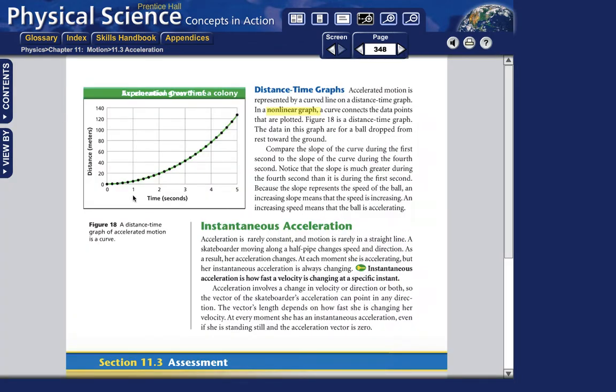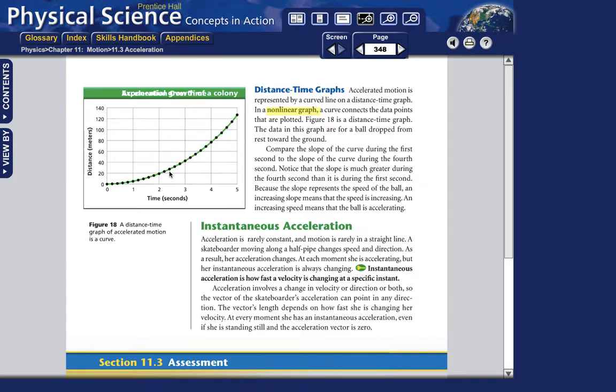A linear graph means a straight line. A non-linear graph means curved. So this is a distance time graph, which means they are measuring speed. If the line is not straight on a distance time graph, it means they're actually graphing acceleration.